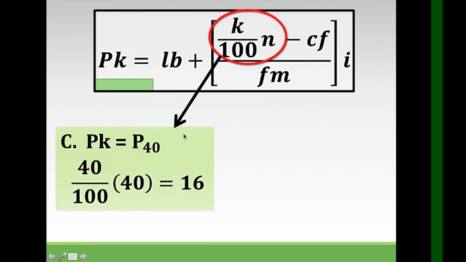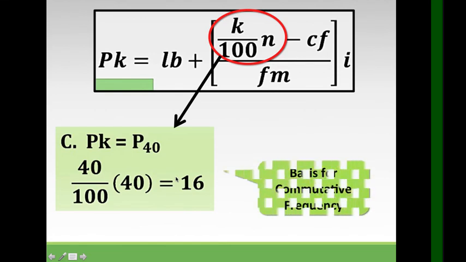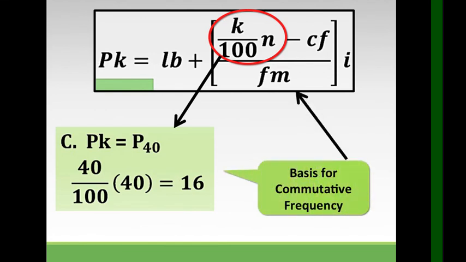Ang total number natin ng frequency ay 40, di ba? Yung N equals 40. So first, 40 times 40 is 1,600 divided by 100. Ito is equal to 16. So 16 will be the basis for our cumulative frequency to get the given: the LB, the CF, the FM, and the I.